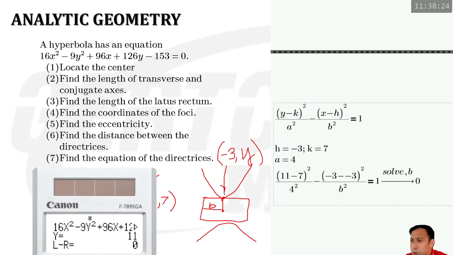Completing the square could be used for circles, for parabola, so you can practice shortcuts, but the conventional solution is important.